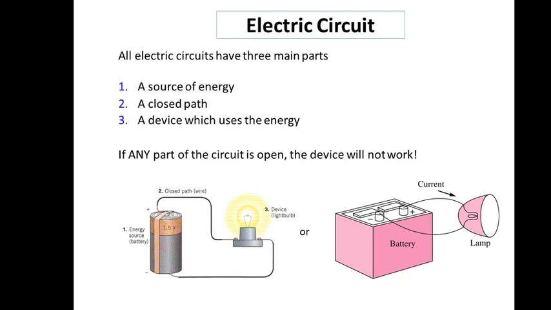Suppose any connection is open, for example any pair from 1 to 2, 2 to 3 or 3 to 1. If any part of the circuit is open, the device will not work. So an electrical circuit should be a closed path.